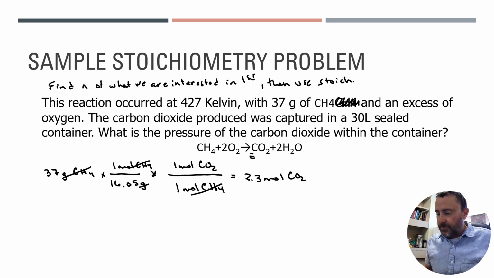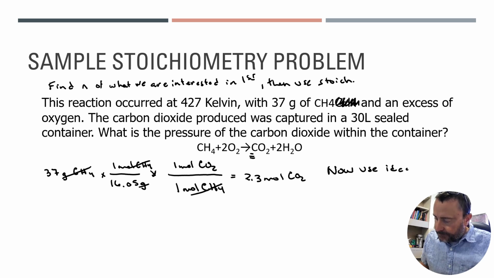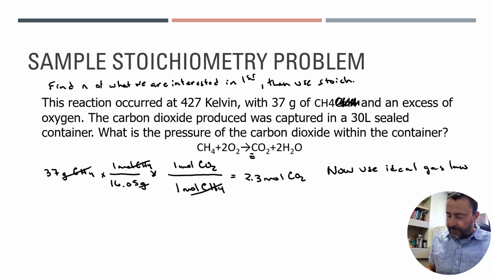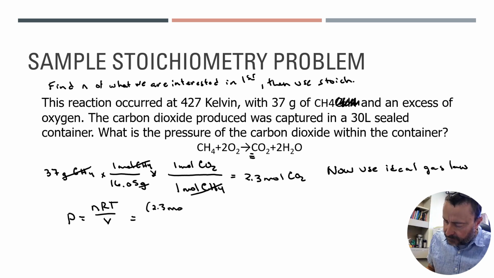Now we can use the ideal gas law. So we're looking for pressure, and once we get to this point, it's just a single state problem all the time. So pressure is equal to nRT over V. We just found the number of moles, 2.3 moles, R is 0.0821 liter atmospheres per mole Kelvin.